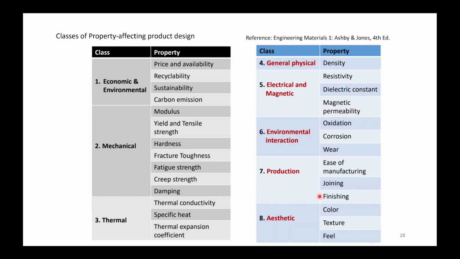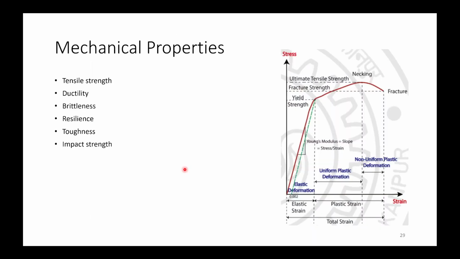Now we'll be talking about mechanical properties. Some of the important mechanical properties are tensile strength, ductility, brittleness, resilience, toughness, and impact strength. This is the stress strain curve. The initial part is the elastic part, where stress is proportional to strain.